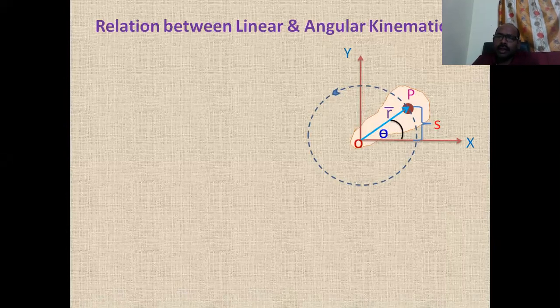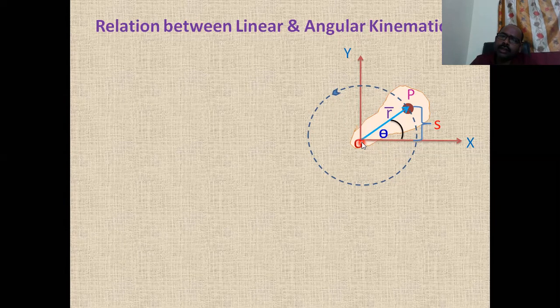Here we are considering an XY frame of reference, and we are considering one object. On the object, we are identifying one point P. This object is rotating about an axis which is perpendicular to the XY plane and going through the point O, that is the origin.